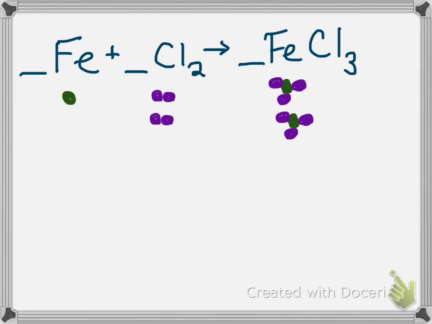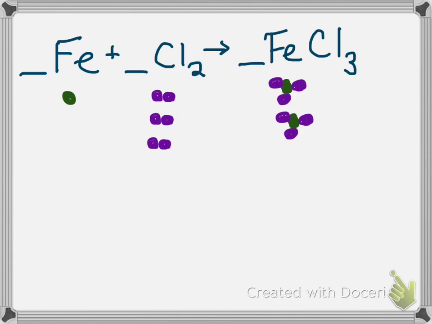Because I can't just add one chlorine atom, I can only add the entire product. So now I have 6 chlorine atoms on my product side, but only 4 on my reactant side. So I will add another chlorine molecule on my reactant side. And now notice I have 2, 4, 6 chlorine atoms on my reactant side, and 1, 2, 3, 4, 5, 6 chlorine atoms on my product side.